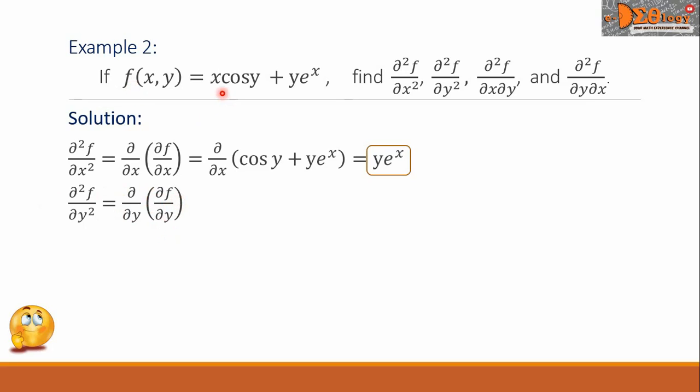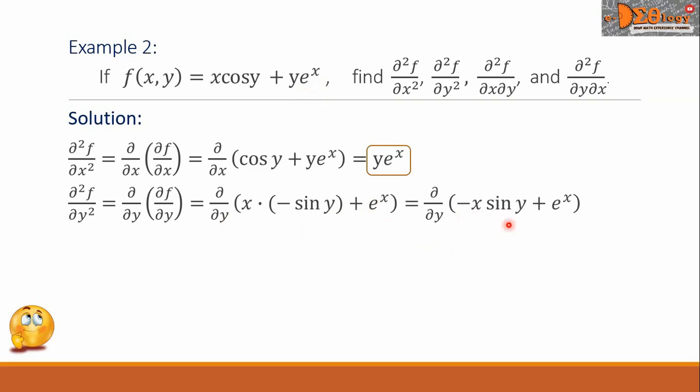And that is x cosine y becomes x times negative sine y plus derivative of y e raised to x with respect to y. So we have this e raised to x. Simplifying this, we have now negative x sine y plus e raised to x.